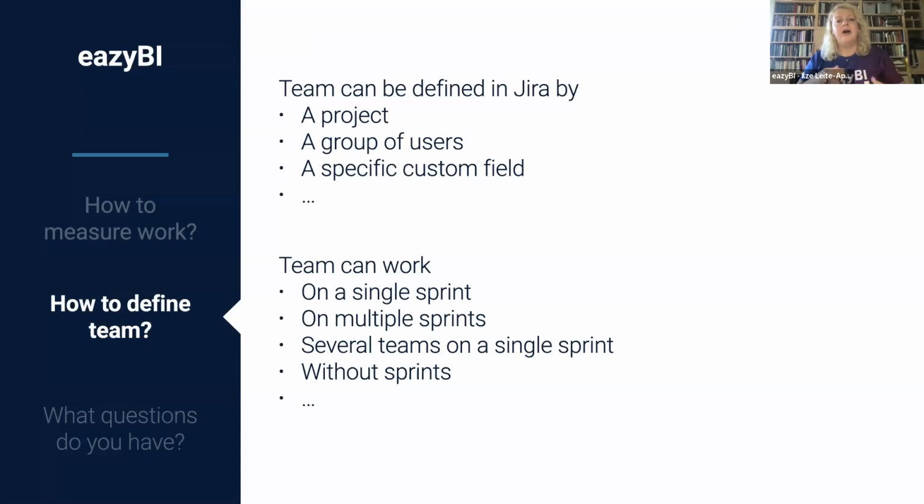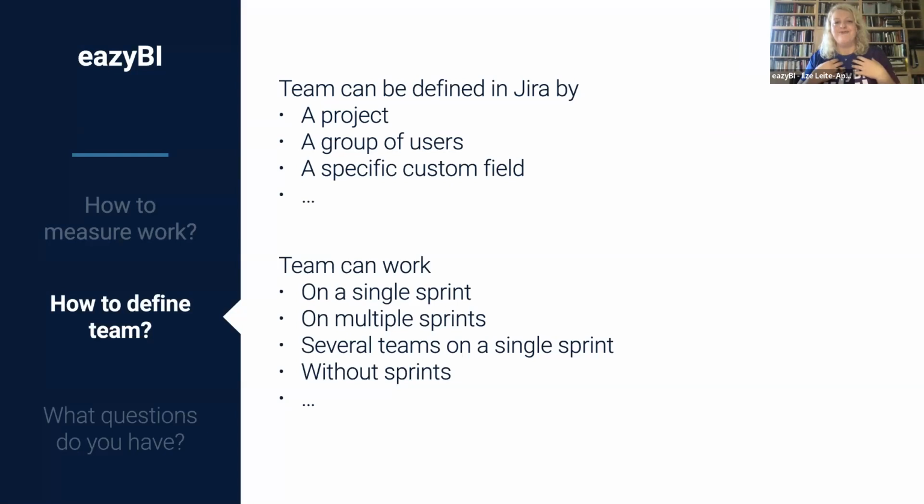And also the way teams work with sprints is very different. The usual case is one team works with one single sprint at a time. But I have been working with teams that work with multiple sprints. You have a department where there are like 10 parallel sprints, and the department is your team at a higher level, and you want to report on this team.